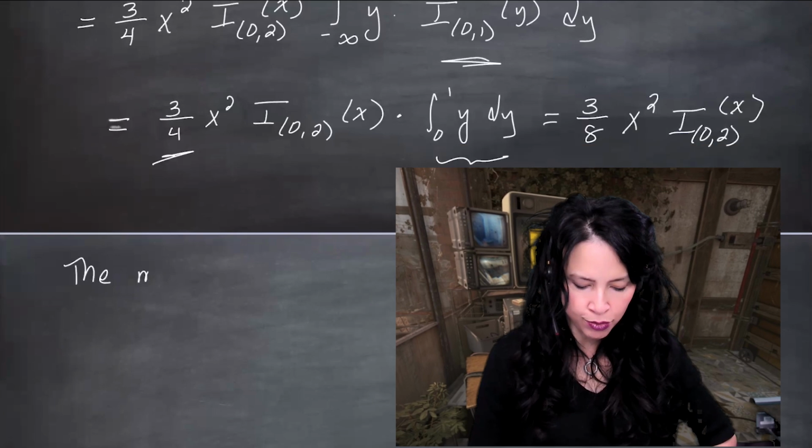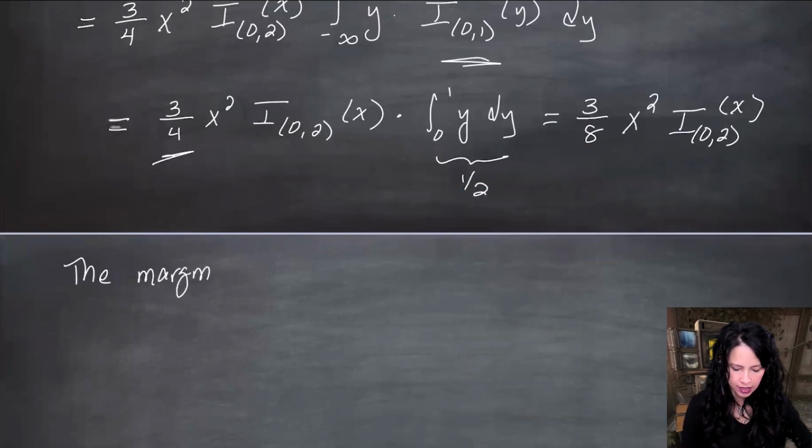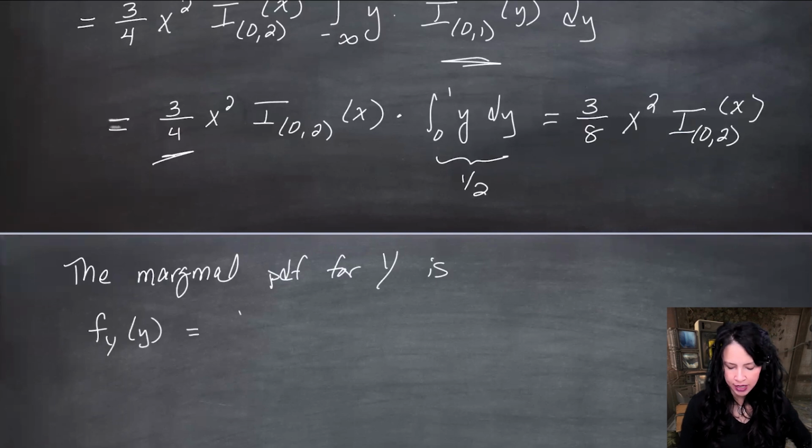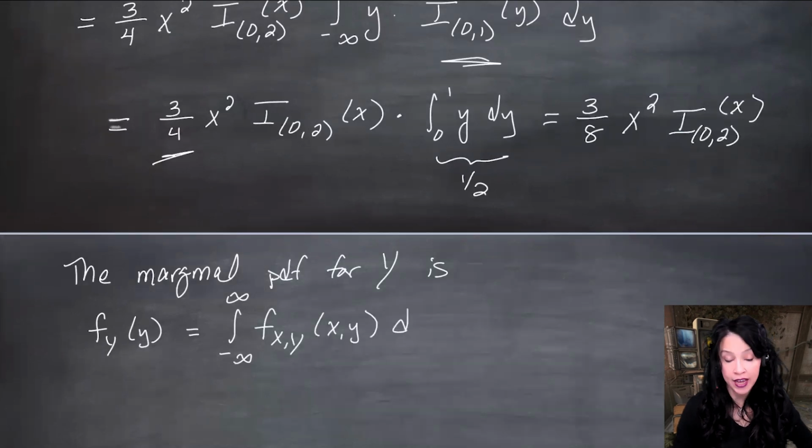And of course, we can find the marginal PDF for y in the same way. I'm just going to write it down. Marginal PDF for y using the same example. I'm going to denote it by an f sub y of y, and it is going to be the integral from minus infinity to infinity of the joint PDF. And we're going to integrate out the x this time.